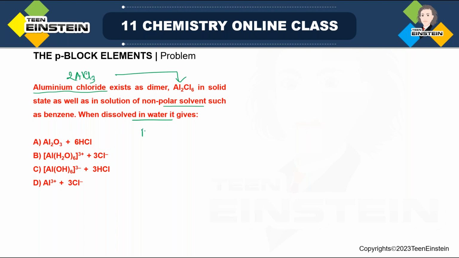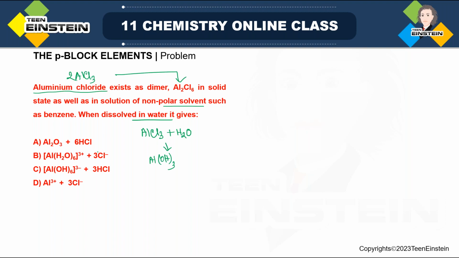AlCl3, when it undergoes hydrolysis, that is reaction with water, we have seen there is formation of Al(OH)3 and HCl, right? But that is not mentioned in any of these options, so we cannot consider that reaction.